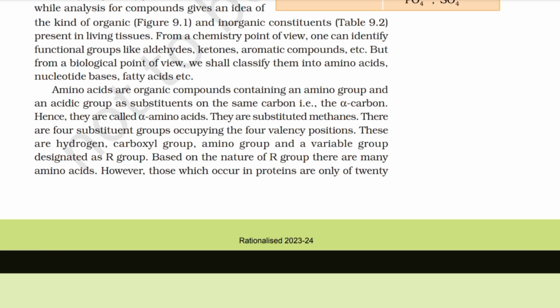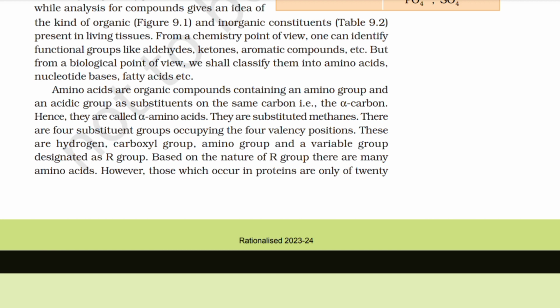From a chemistry point of view, one can identify functional groups like aldehydes, ketones, aromatic compounds, etc. But from a biological point of view, we shall classify them into amino acids, nucleotide bases, fatty acids, etc. Amino acids are organic compounds containing an amino group and an acidic group as substituents on the same carbon, that is the alpha carbon.